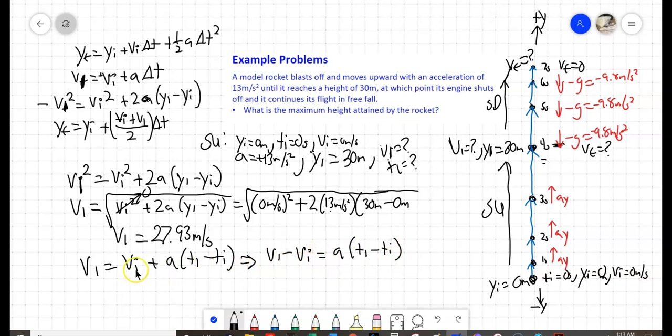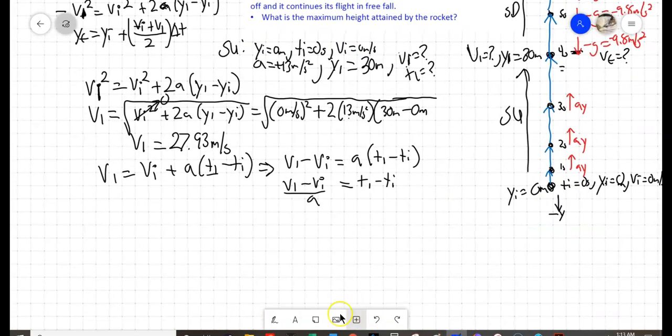So I'm eventually going to be solving for t1, so I want to find out at what time that 30 meter mark occurs where our velocity was 27.93 meters per second. So now I'm going to divide both sides by that acceleration, v1 minus vi divided by a, and then add to both sides our initial time, which is 0, which I don't need to do.